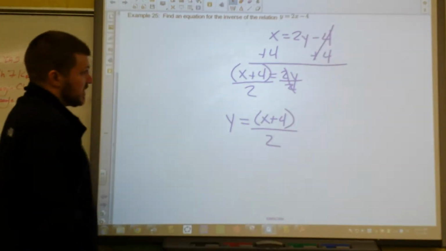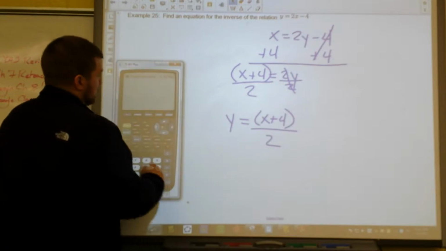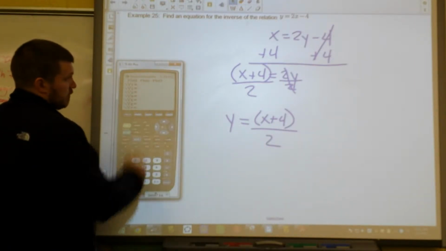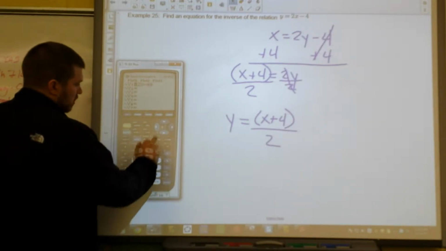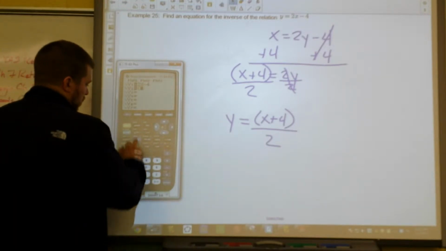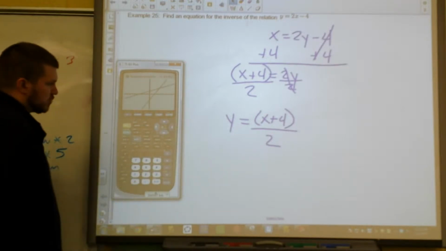We could actually see that this is an inverse relation by graphing. So I'm going to go to my graph. I'm going to graph the original relation in y1, so y equals 2x minus 4. And now I'm going to graph my inverse relation in y2, (x plus 4) divided by 2. Don't forget the parentheses, or this will not work.